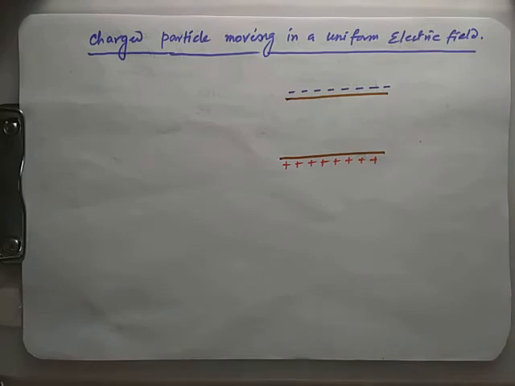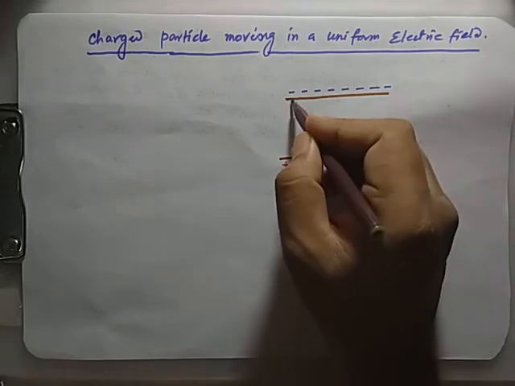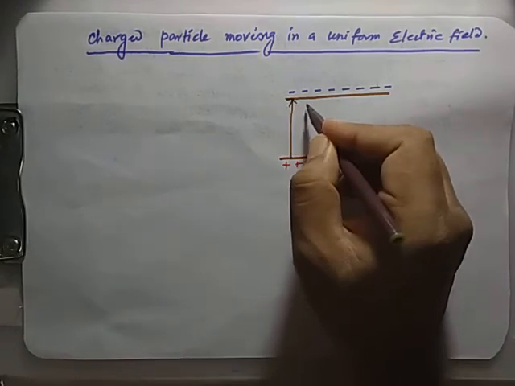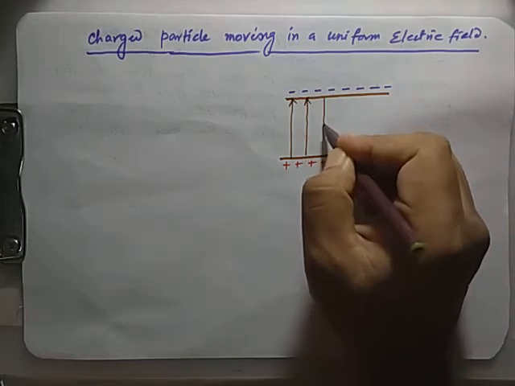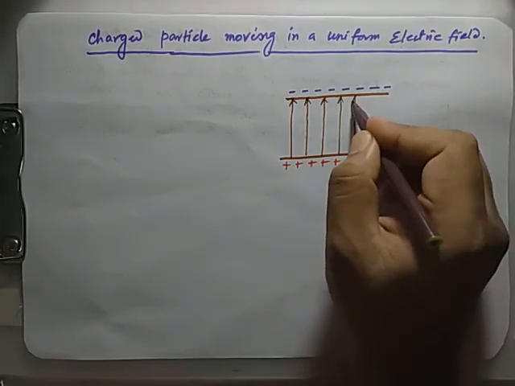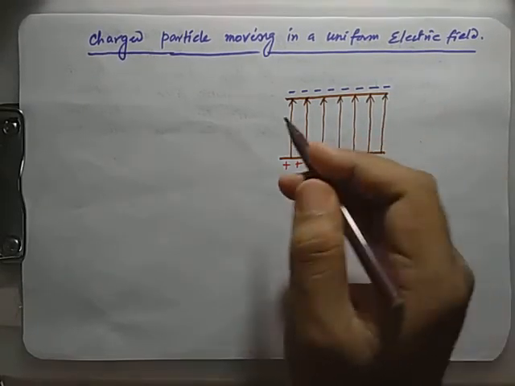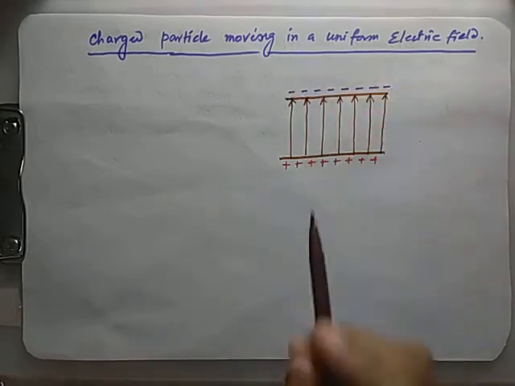Already we know that the electric field starts from plus and goes to minus, so the electric field will move from plus to minus like this.